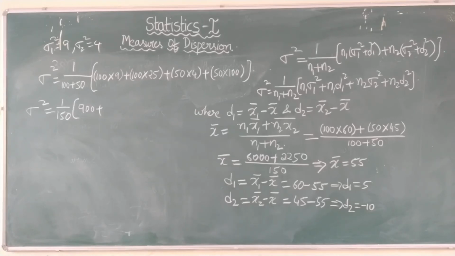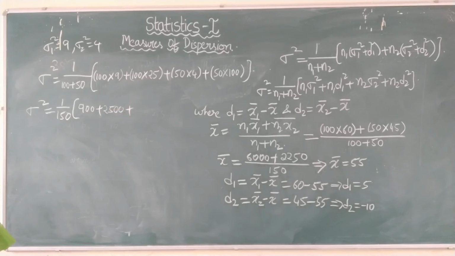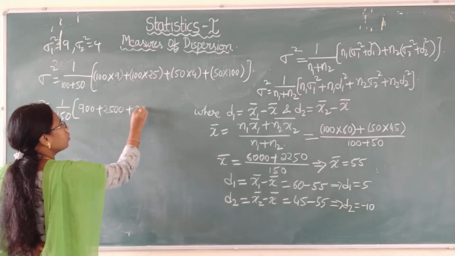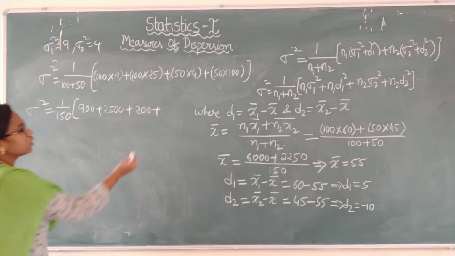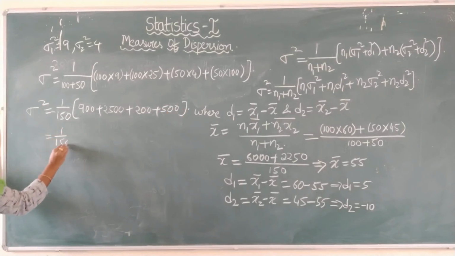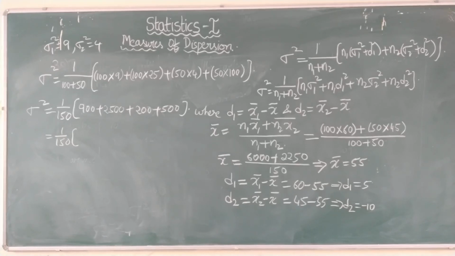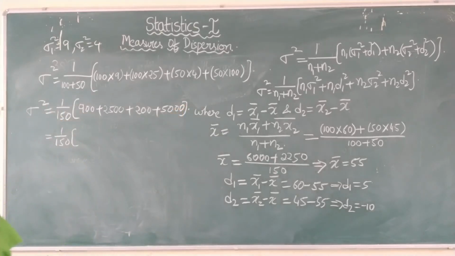So 100 into 25 is 2500, plus 50 into 4 is 200, plus 50 into 100 is 500. Now add all the values. 500, 2500 plus 500 is 3000. 3000 plus 900, 3900. Sorry, 50 into 100, I forgot to write 10. 5000 it is.